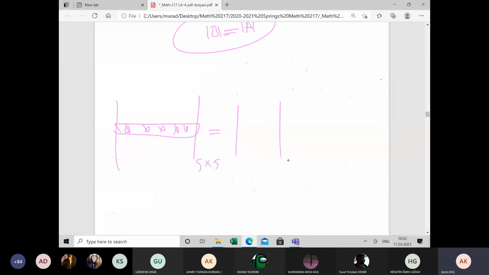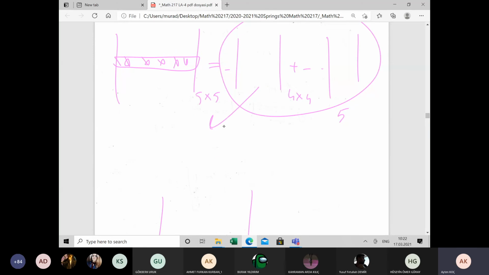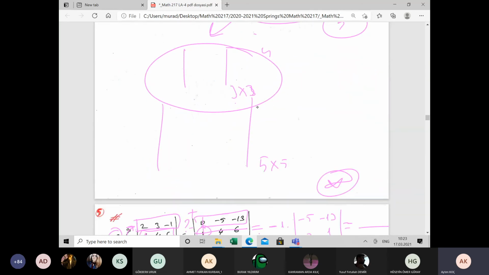So we obtain 4 by 4 determinants, but the number of them is 5, and every 4 by 4 gives 3 by 3 determinants. The number of 3 by 3 determinants is 4. First of all, we have five 4 by 4. Each 4 by 4 gives 3 by 3. And then every 3 by 3 gives 2 by 2. And the number of 2 by 2 determinants, 3.